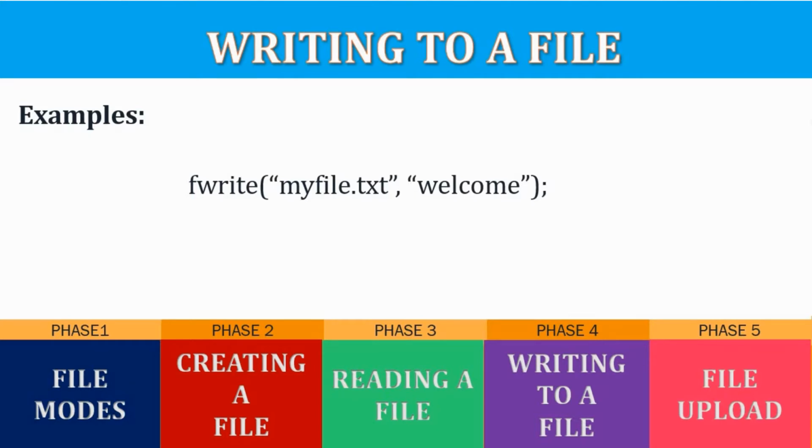For reading data from a file, you can use either fread() or readfile(). Here, readfile() takes only the file name as a parameter, whereas fread() takes two parameters. One is the file name and the other is the number of bytes to be read from the file. To write some content to a file, we can use the fwrite() function. So, let's move on to the demonstration.